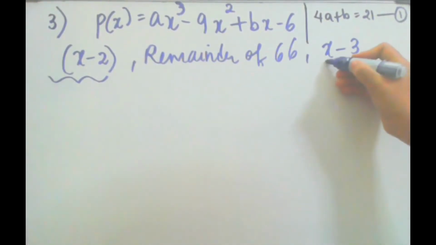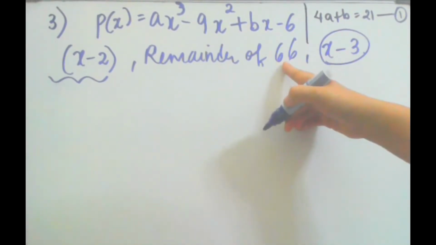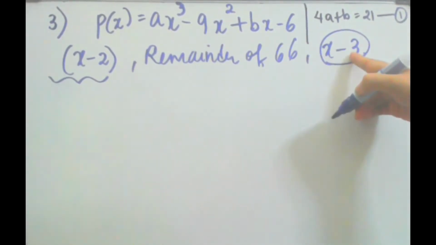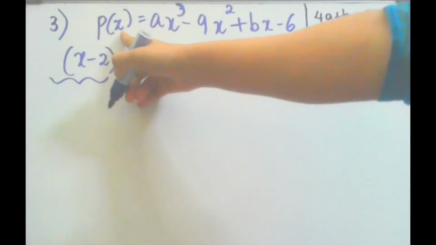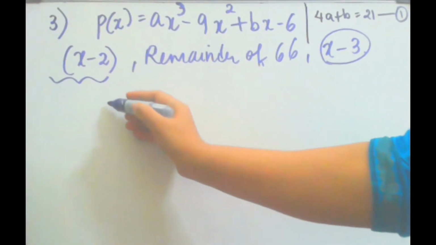So when divided by x minus 3, it gives a remainder of 66. That means when x is equal to 3, the value of the polynomial becomes 66. So we will substitute x equal to 3 now.